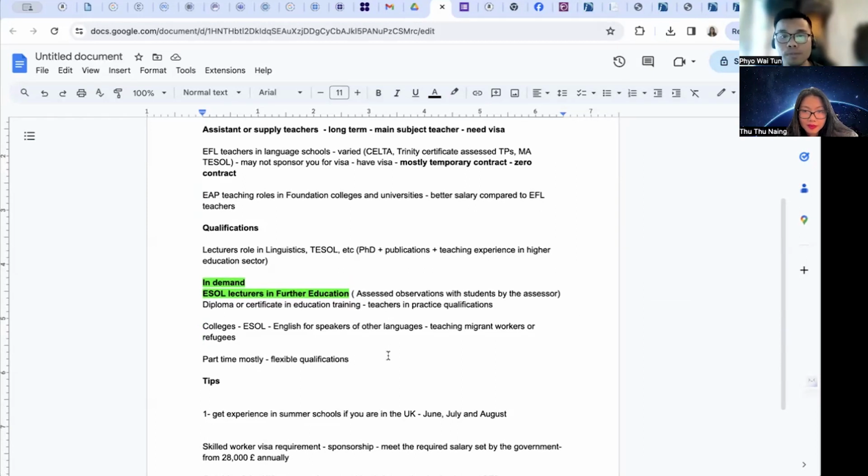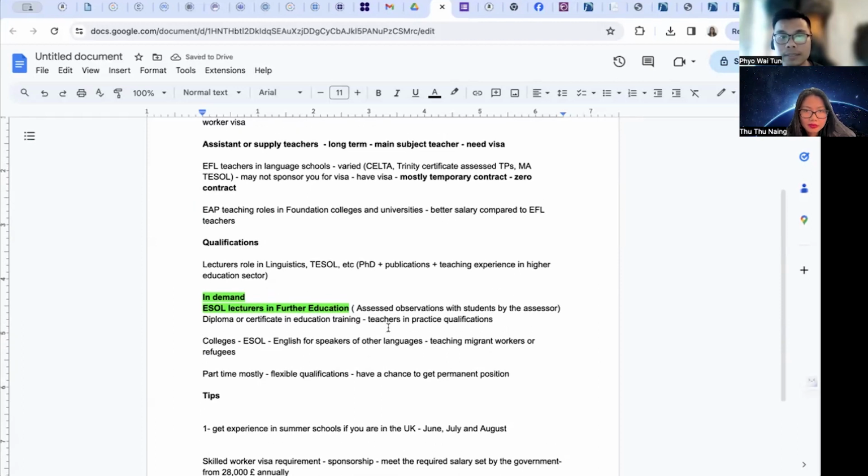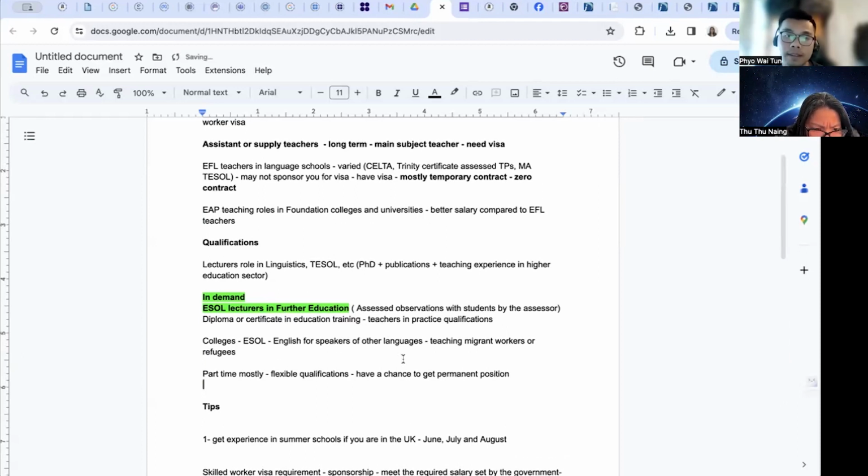If you get a permanent position, then they will sponsor you a visa to work in that sector. So that would be another option to think about if you are interested in teaching. Basically, it is teaching the English language and also functional skills in colleges. So you might also be interested in that role.